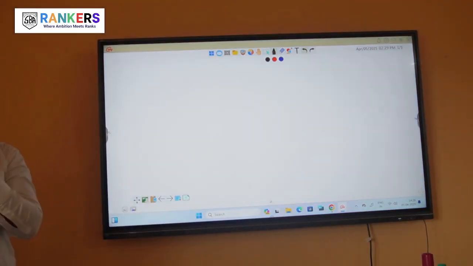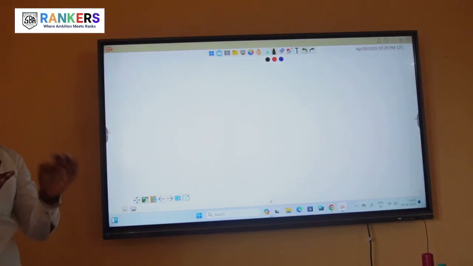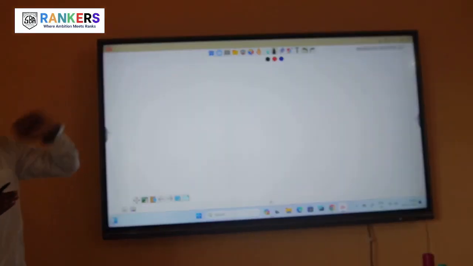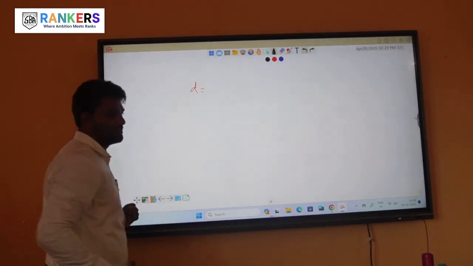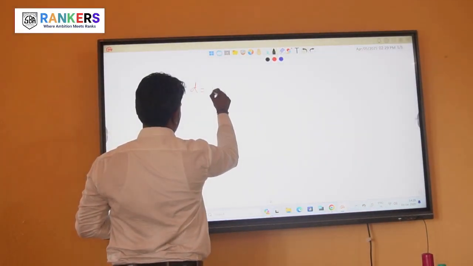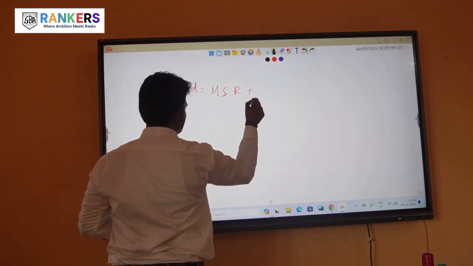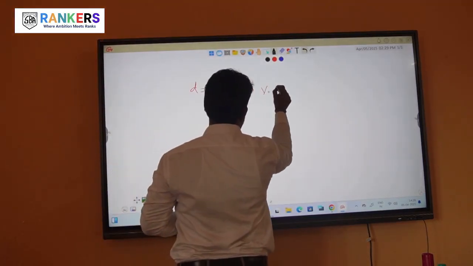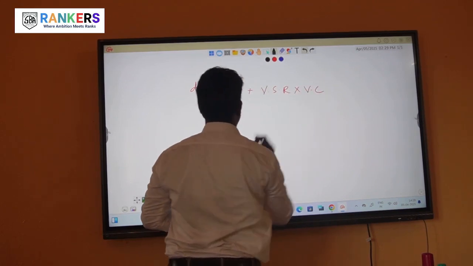Normal format to calculate the thickness of a body for the Vernier caliper. You write the formula: thickness or length equal to main scale reading plus Vernier scale reading into Vernier constant.